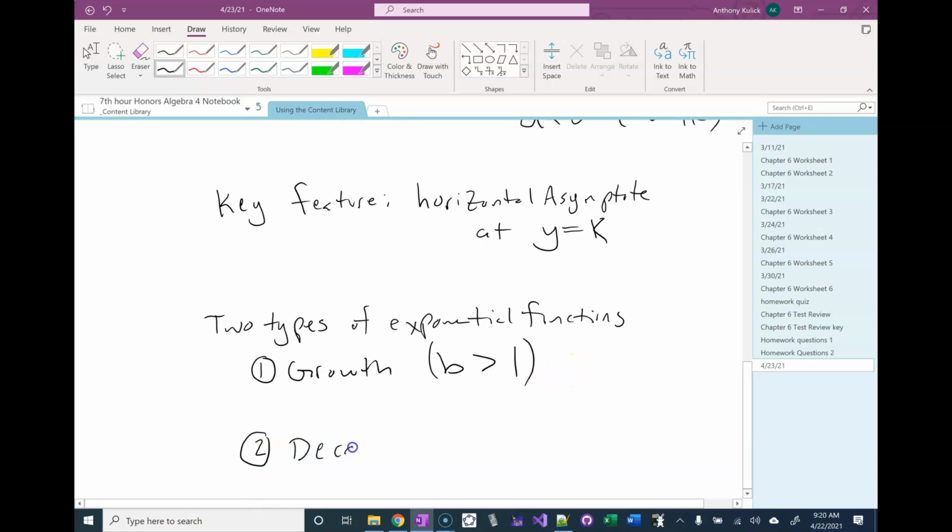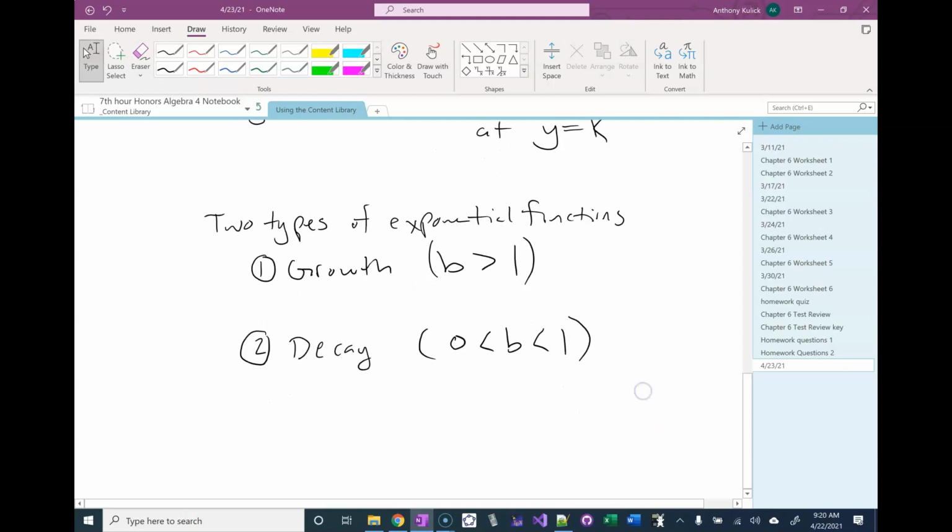And then we have decay. That's when our b value is between 0 and 1. Remember, the b is always positive, and it's not equal to 1. So decays are between 0 and 1. And this is assuming that a is positive as well.